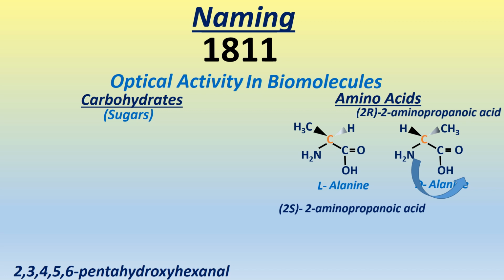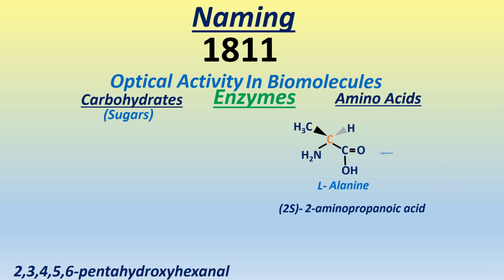But the important thing to recall is that you are actually looking at biomolecules, things that exist in nature. And these are made by enzymes which in and of themselves have chiral centers and are essentially engineered to only go one way. So in the case of alanine, even though you have 2 possible compounds with 2 possible names each, the reality is over 99% of the alanine found in nature is going to be the L form, or the 2S amino acid.